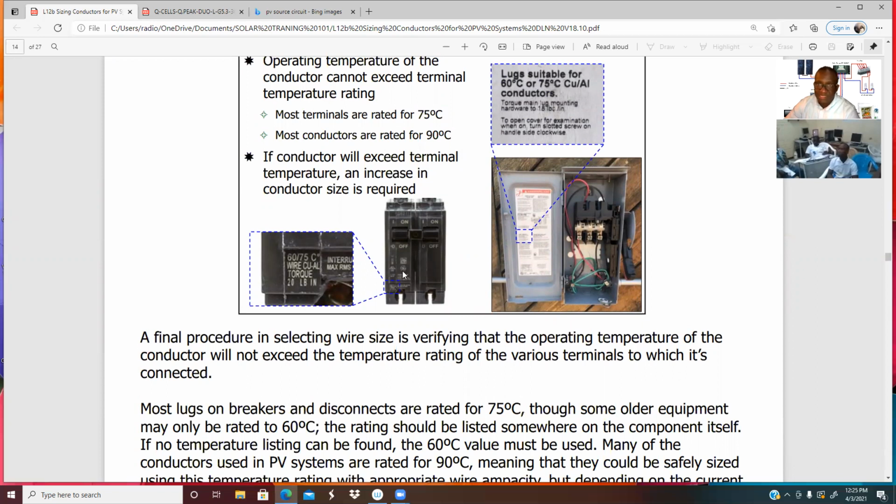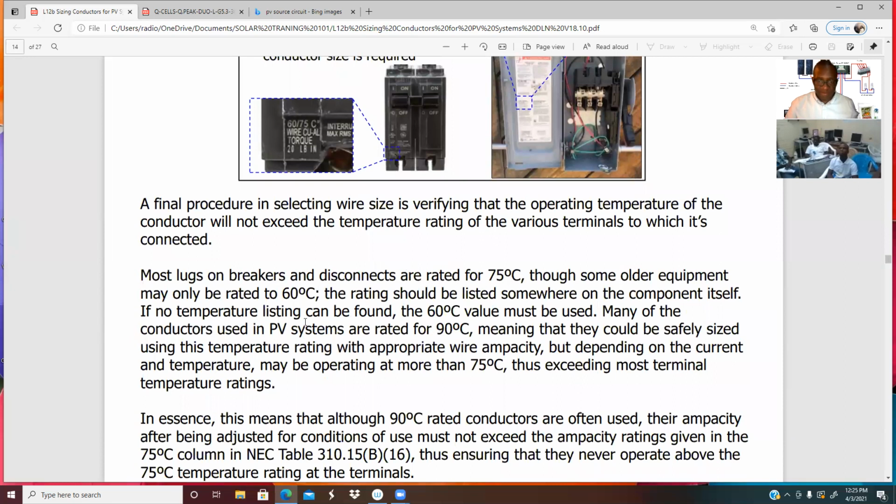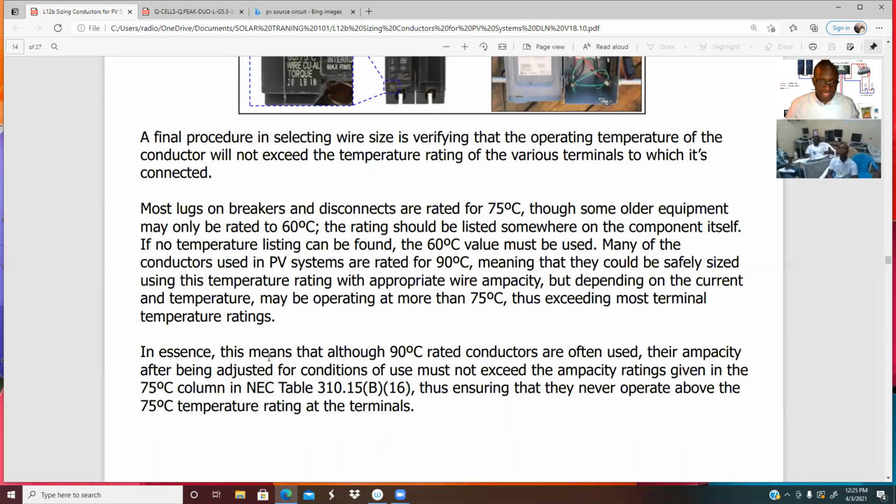They're saying this conductor here cannot exceed it. You got it? So it is very, very important. Let me go back here.